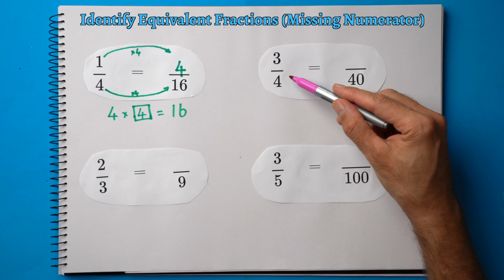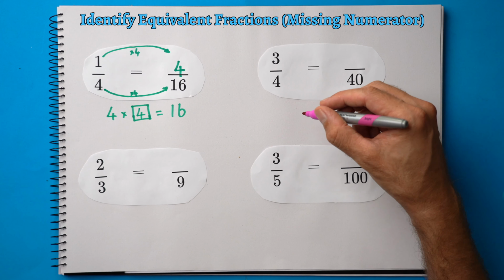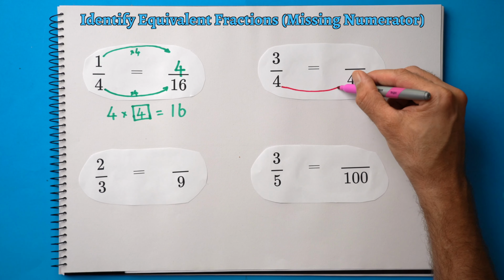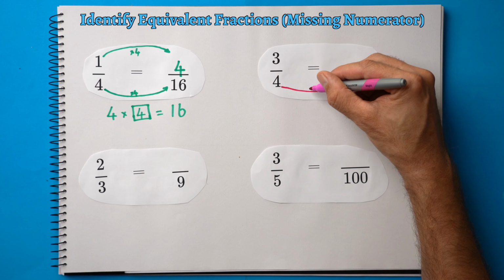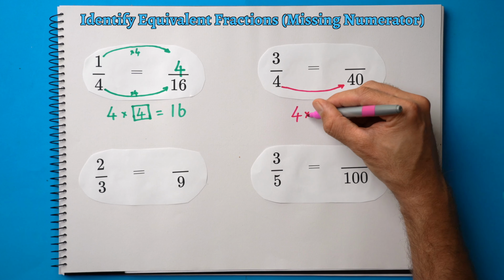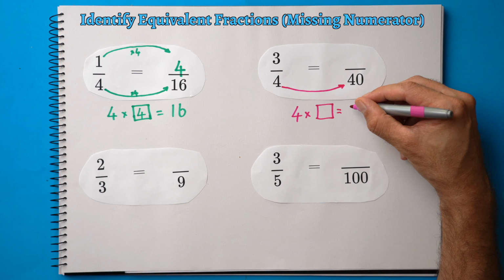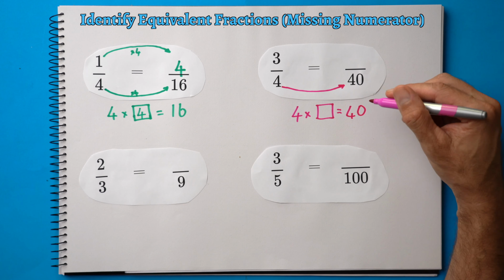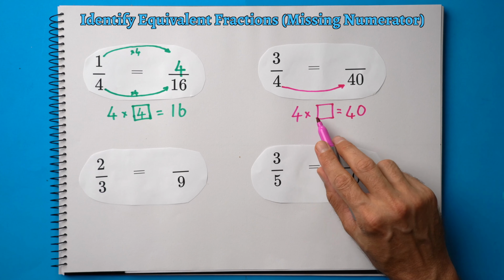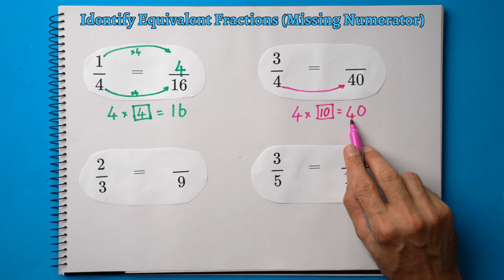This one, we've got 3/4 is the same as don't know 40ths. So we could do it like this. We want to know what that relationship is. So it's 4 multiplied by don't know is equal to 40. And if I have a think about this, I know what that is. 4 times 10 is going to be equal to 40.